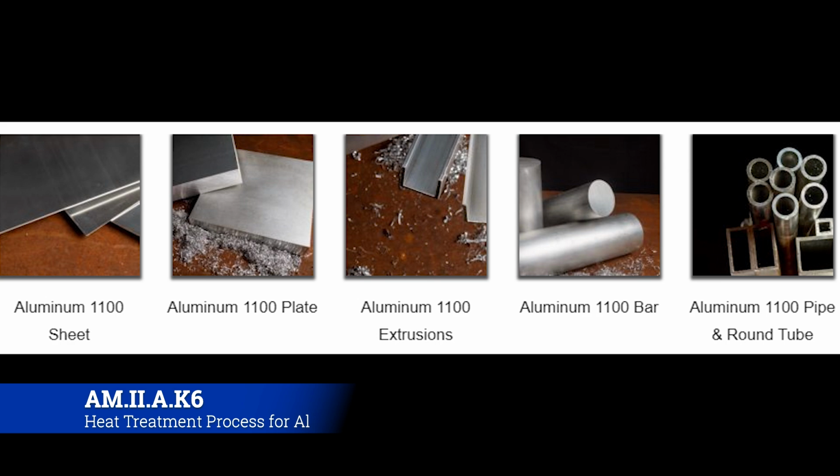And then you have pipe and round tube. We're going to use a lot of that. In general, you have to deal with aluminum pipe to create your flareless fittings or your flared fittings, and that sort of thing. So that's something that will be around for the rest of your career.